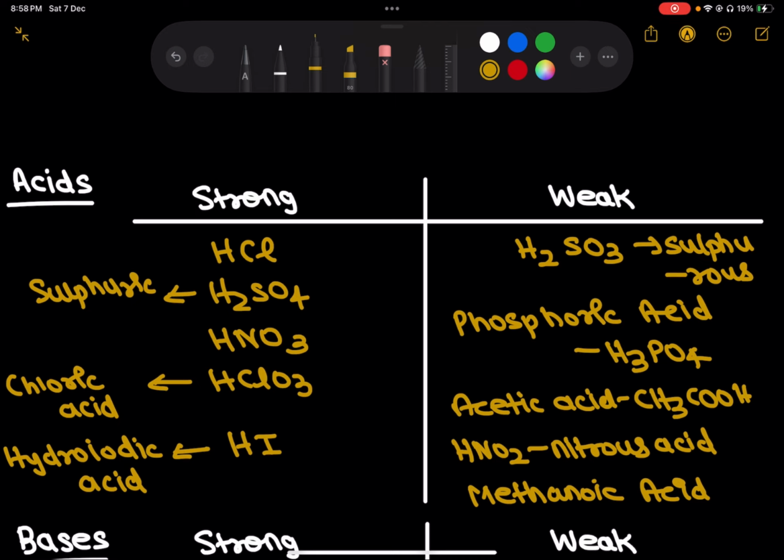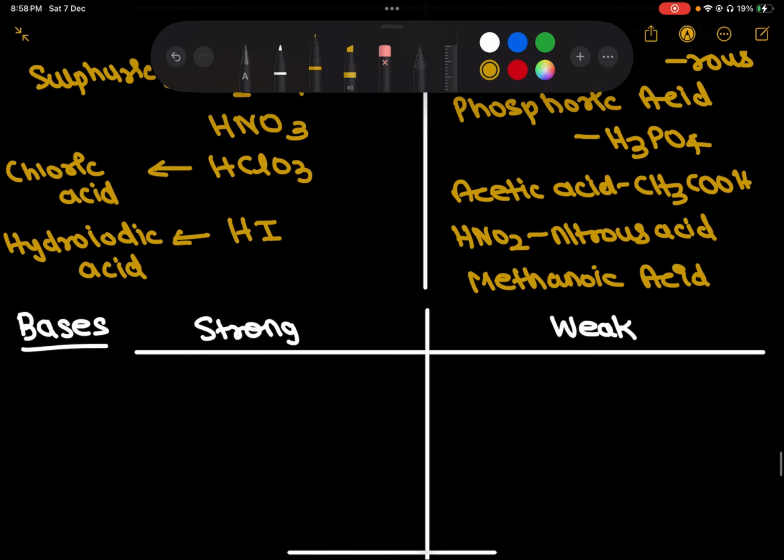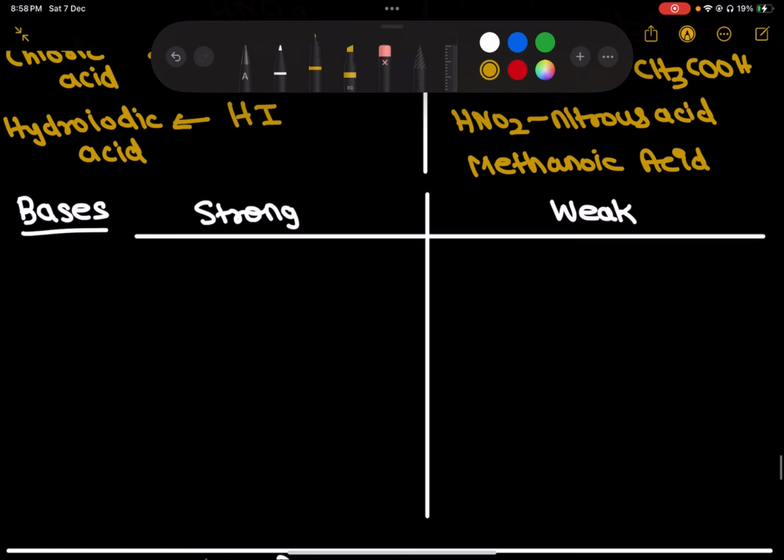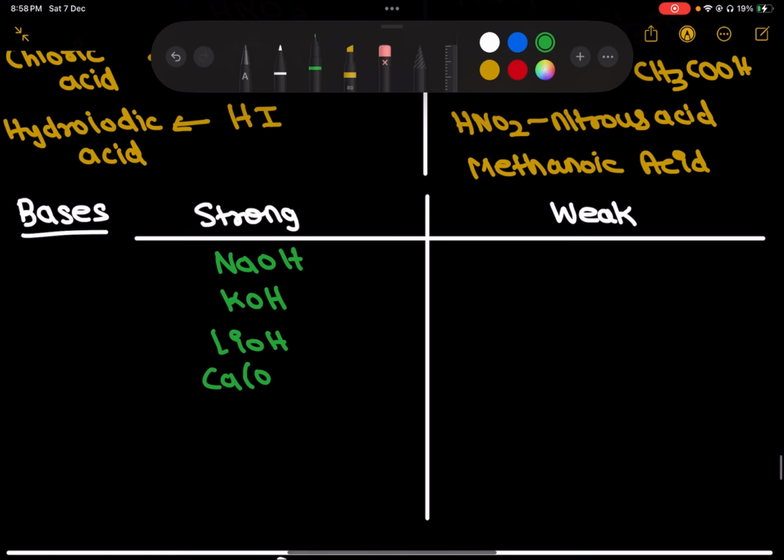Now we'll move on to bases. Okay, the strong bases, first one, NaOH, obviously, right? Then we have KOH. NaOH is sodium hydroxide, KOH is potassium hydroxide. We have LiOH, lithium hydroxide. We have calcium hydroxide, Ca(OH)2.